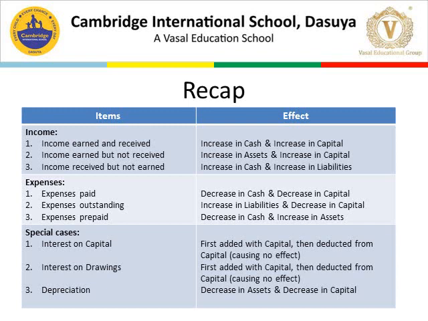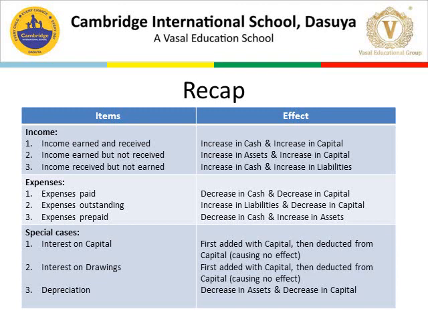Number three, expenses prepaid. Expenses prepaid means assets. You have not taken any services, but you have paid the amount for the future, so that in future you will get the services from the organization. So you have already paid the expenses but did not get any service against it. It is your asset, so it will decrease your cash, but at the same time increase your assets.